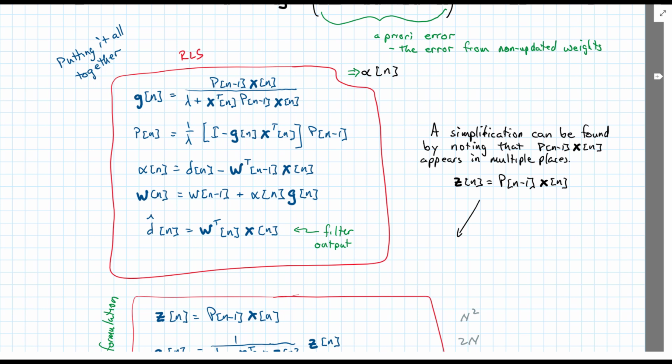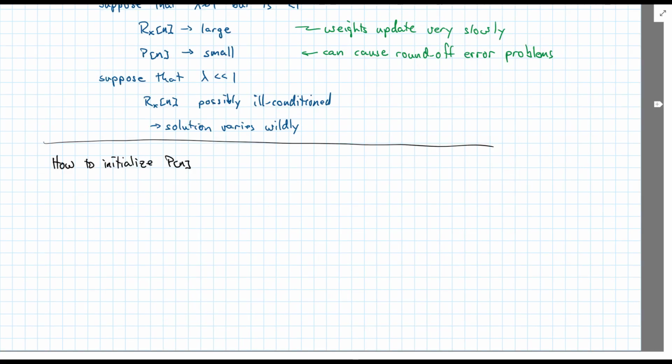And the only thing that shows up in here that we need to initialize would be our initial weight vector W, which we can still initialize as 0 if we like. We'll talk about other options. And our P. We're referring to P of n minus 1, but we need to figure out where that begins. So what do we do to initialize P?